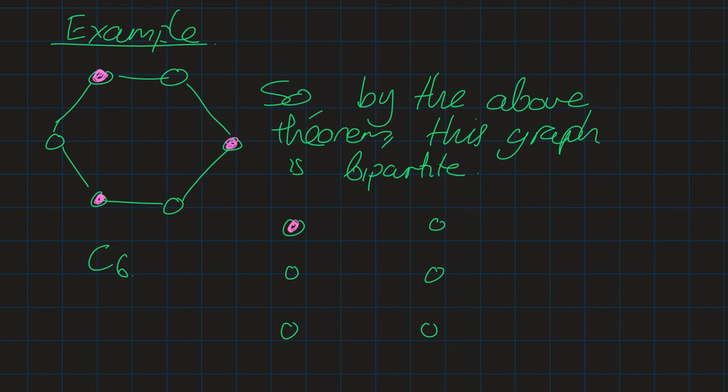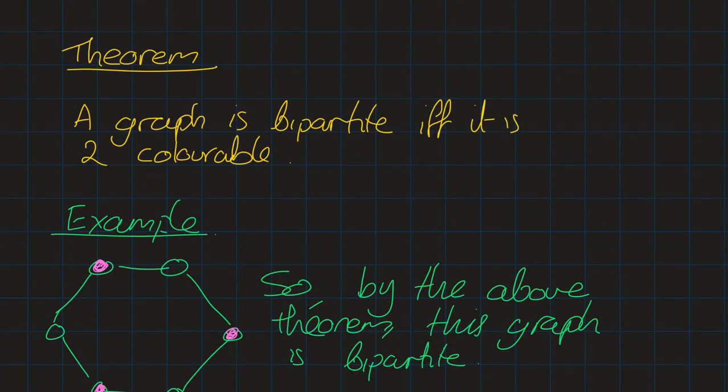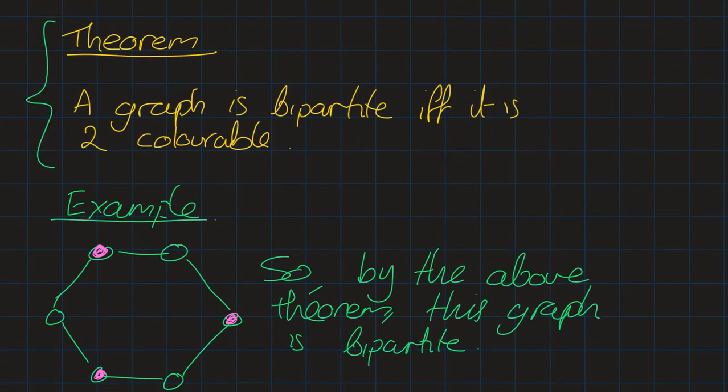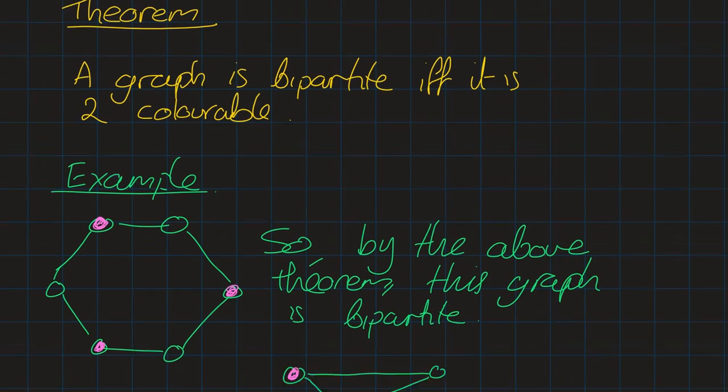So maybe I'll put all the pink ones on the left and all the black ones on the right, and then you join up the edges, and one possible way of doing it is like this. But that's not immediately obvious. So using this theorem is a nice simple method to test if a graph is bipartite.